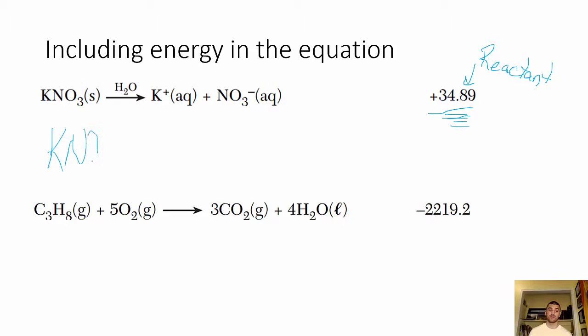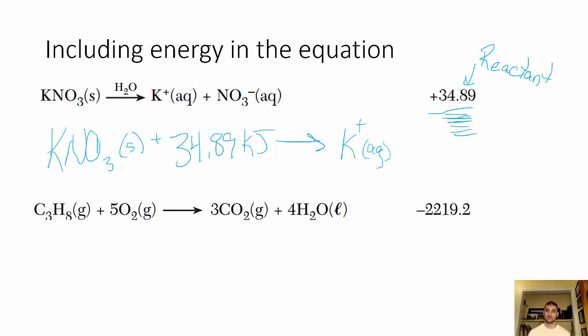So I'm really saying KNO3 solid, plus that much energy, 34.89 kilojoules, will then become a K plus ion in solution and an NO3 minus ion in solution as well. So endothermic, it goes to the reactants.